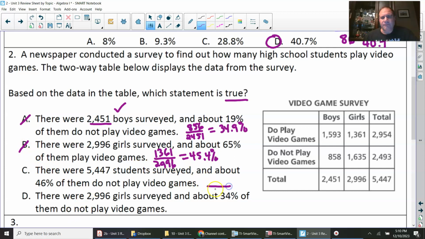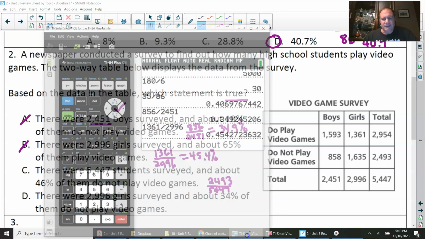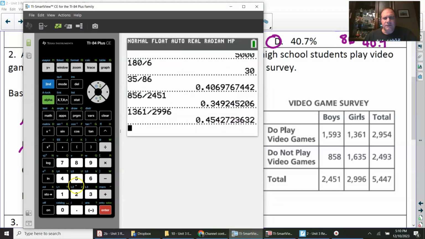So there were 5,447 surveyed. 46% of them do not play video games. So do not play video games, 2,493. Let's see: 2,493 divided by everybody, 5,447.